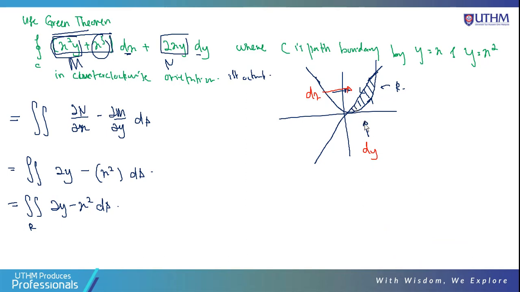So y starts, first you must look at the line: the lower bound hits the line y equals x squared, and the upper bound hits the line y equals x. Okay, settled.